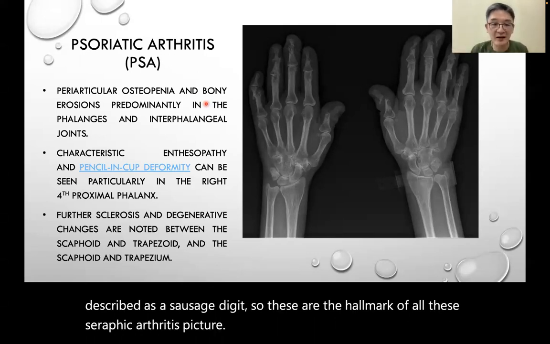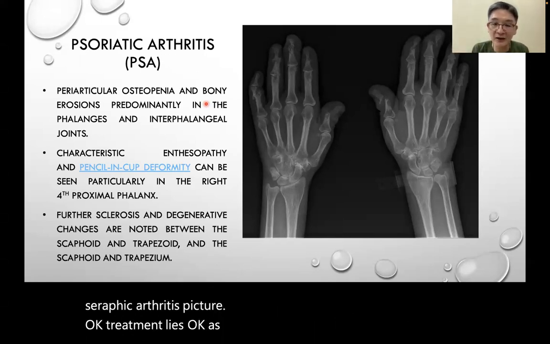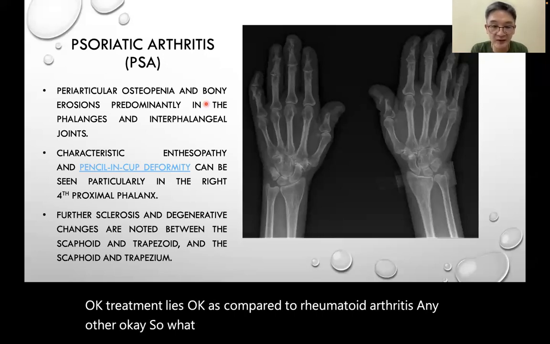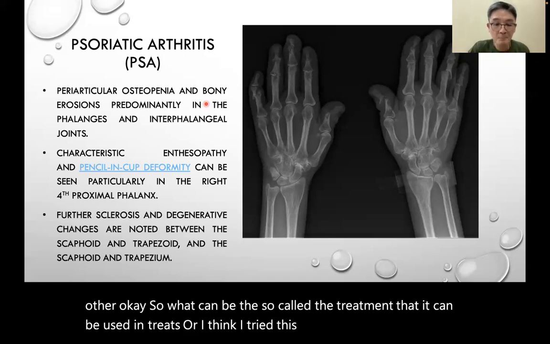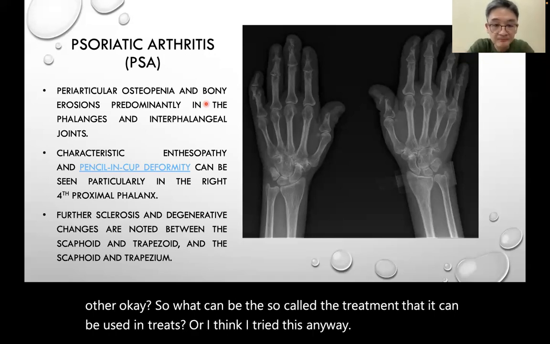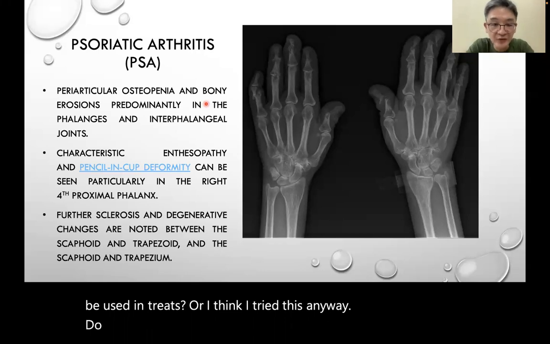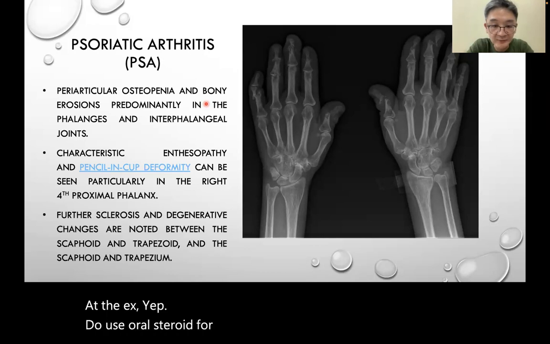Treatment-wise, as compared to rheumatoid arthritis, what can be used to treat psoriatic arthritis? Anyone? Do you use steroid for psoriatic arthritis? MTX, yeah. Do you use oral steroid for psoriatic arthritis? Yes, correct.